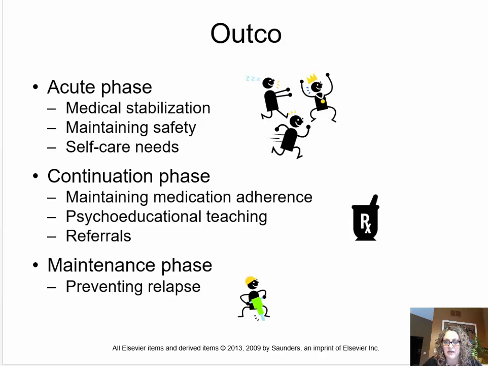The patient may need cognitive behavioral therapy. And then they also need communication and problem-solving skills training. During the maintenance phase, the goals are focused on preventing relapse, reintegration into society, medication compliance, and increased social support.